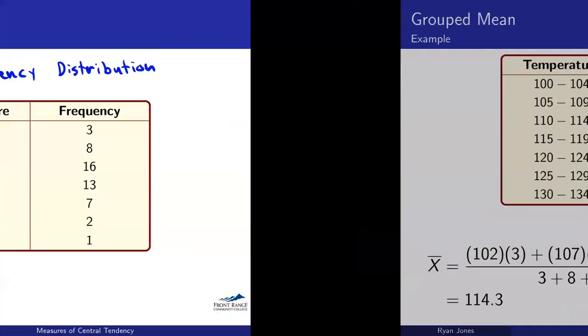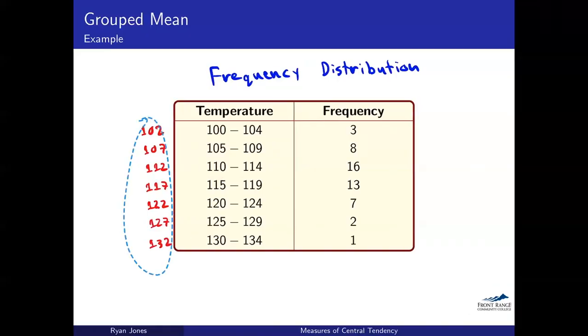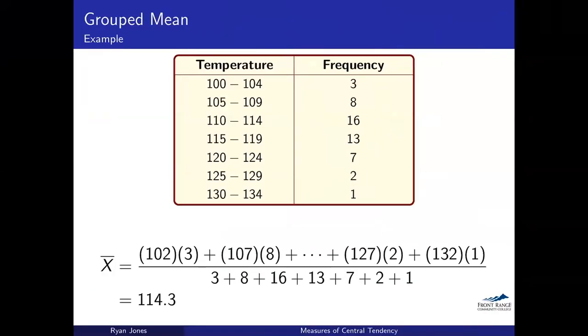So when we work this out, let me go ahead and copy this. You'll notice here that I've got my 102 that occurs 3 times. And in just a slightly more succinct way of writing 102 plus 102 plus 102, I just write 102 times 3.